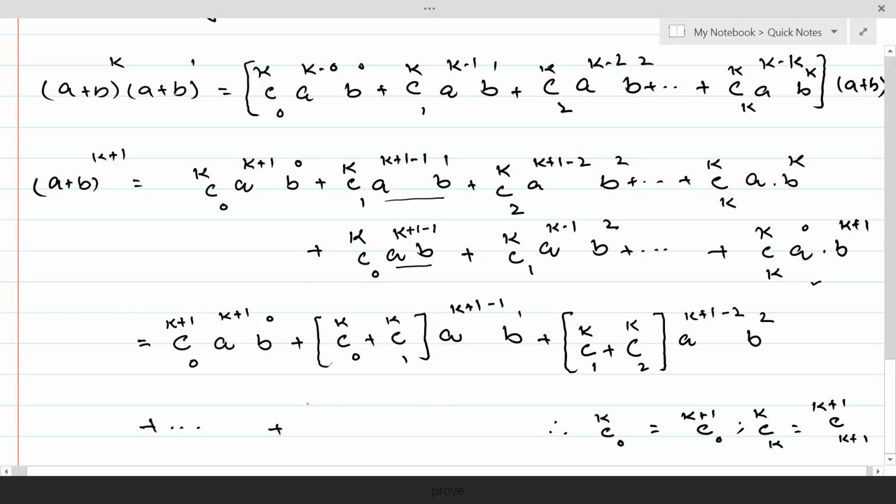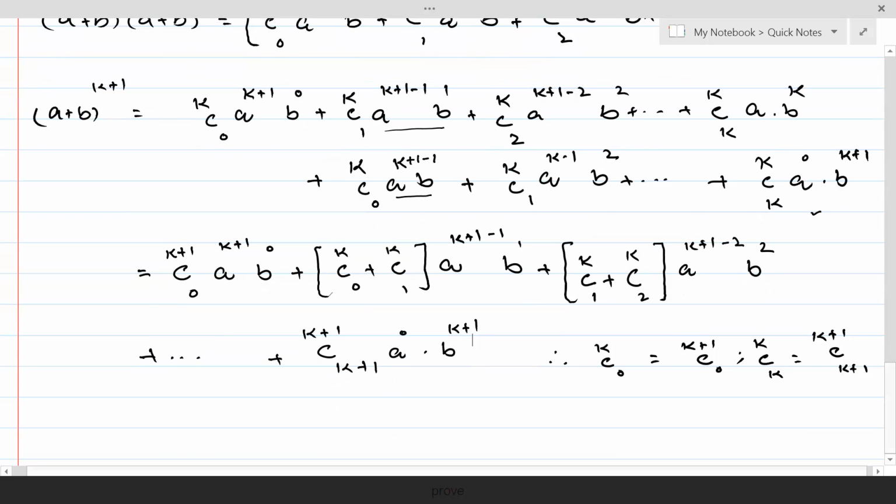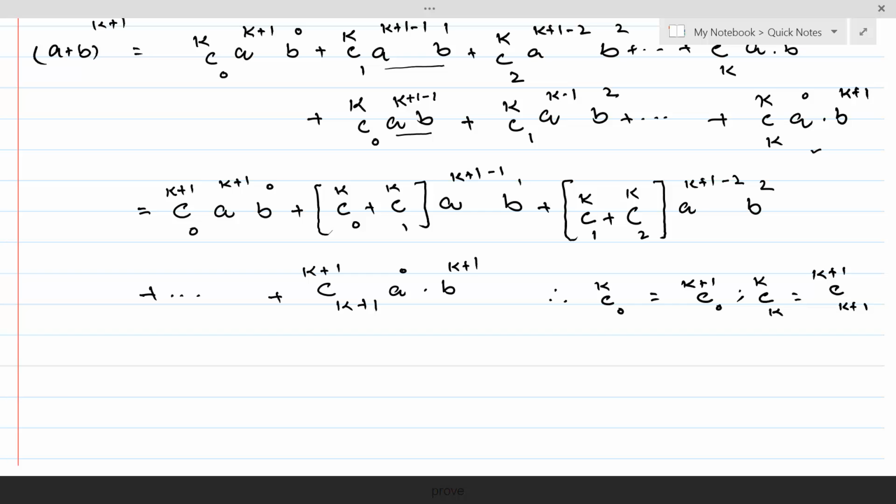So this will become (k plus 1)C(k plus 1) a^0 into b^(k plus 1). If that is the case, now we can replace k plus 1, but instead of doing that in this term, we will do that in the next term.